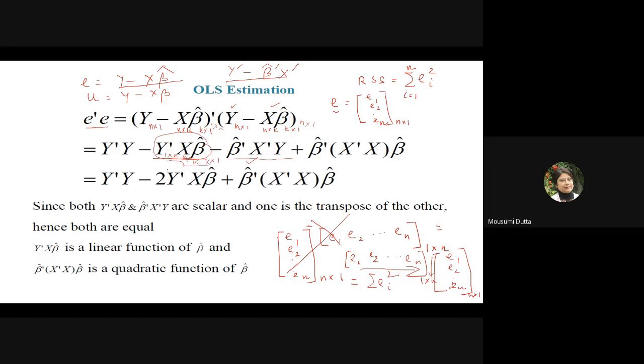So it is a scalar of order 1 by 1. Similarly, what will be the order of beta hat transpose? 1 by k, k by n, n by 1. So the order is 1 by 1.